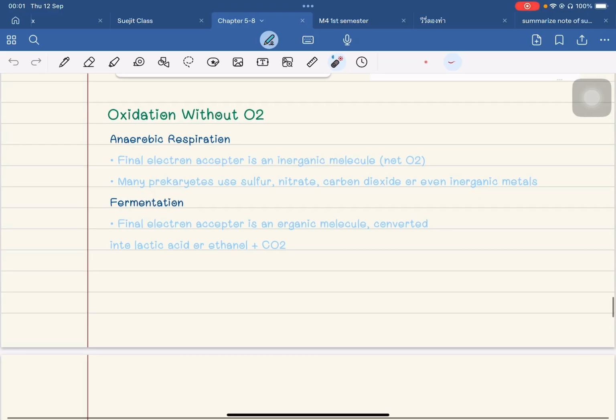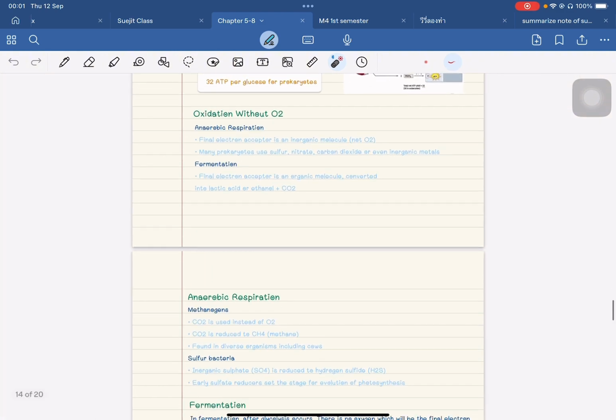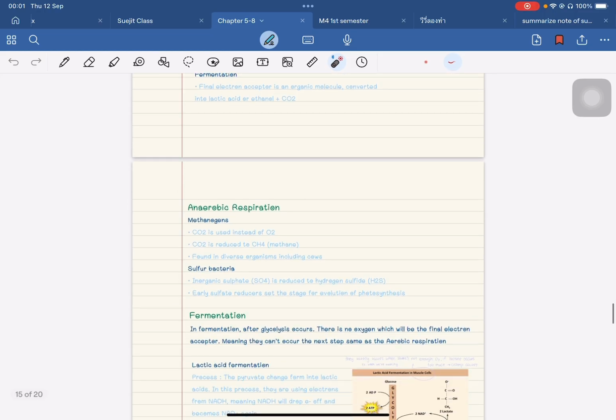But in fermentation, the final electron acceptor is an organic molecule, and they're gonna convert into lactic acid and ethanol.